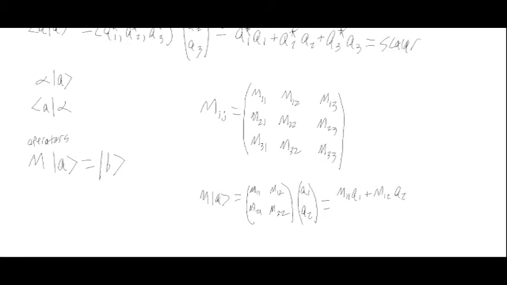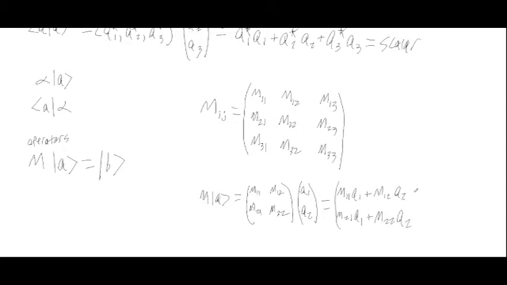So that was M11 times our A1 plus M12 times A2. So it's always first, first, second, second, but in the matrix we are going by row, and in the column vector obviously going by column. And then we know that the bottom will be M21 times A1 plus M22 times A2.